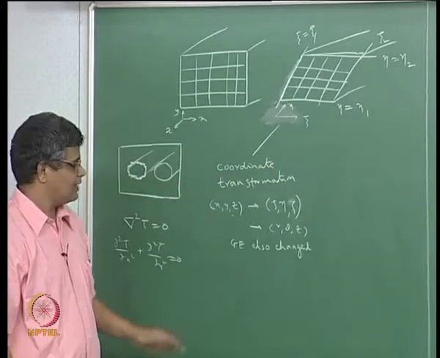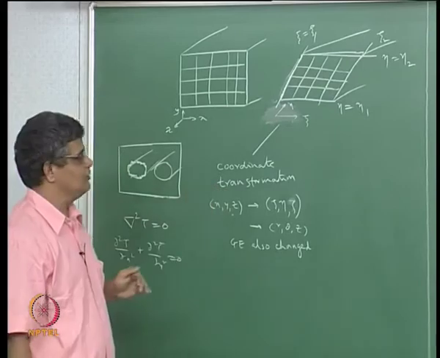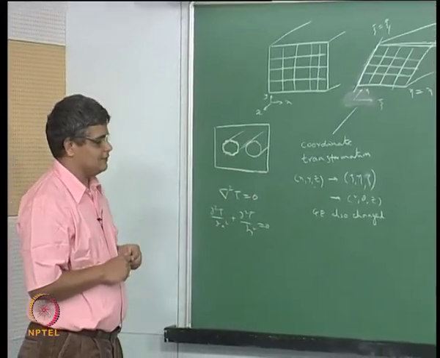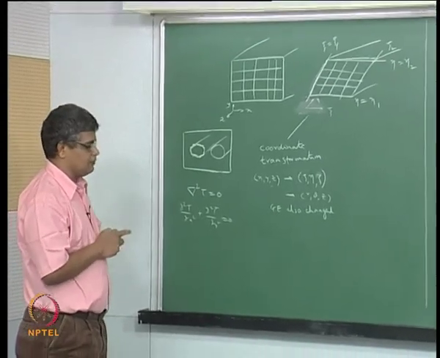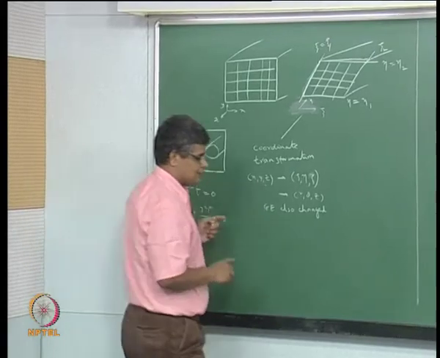And in this way we can take proper account of the shape of the flow domain and its restricting boundaries, and therefore we can take proper account of the boundary conditions. And so this is one approach.